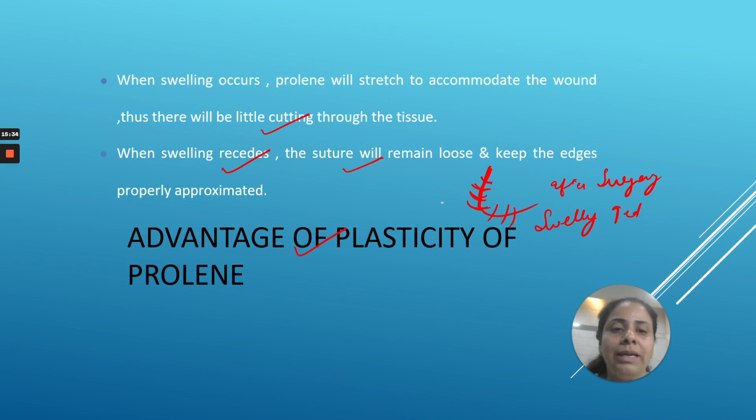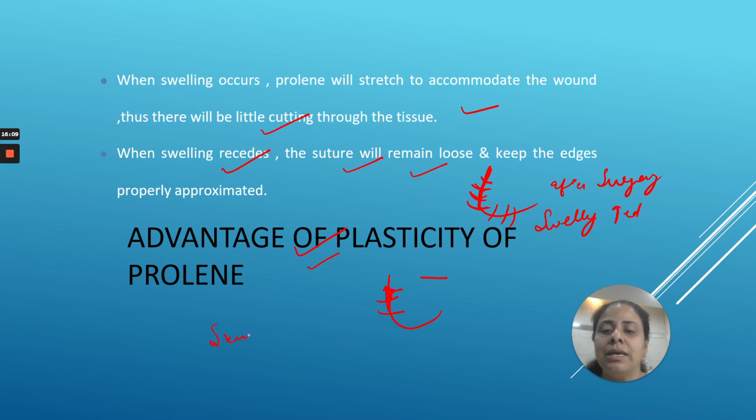The Prolene material will stretch itself, I would not say exactly like a rubber band, but slightly, to accommodate the swelling. Suppose some other suture material is there, and this is the tissue, and this tissue is now swelling. Those suture materials can cut through the tissues and come out of the tissues, but this will not happen with Prolene. As the swelling recedes, it will remain loose and still the edges are approximated. So this is the beauty of Prolene.